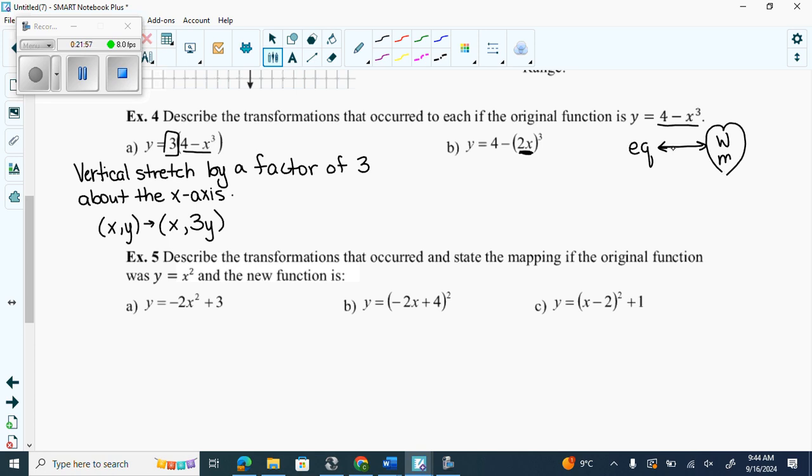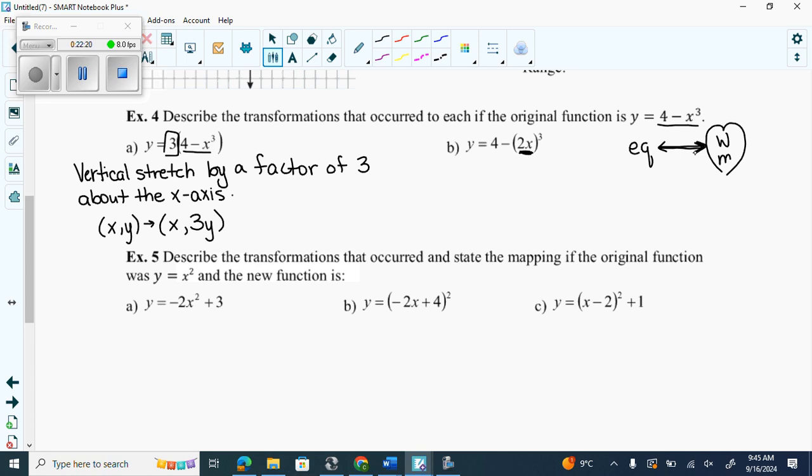If I cross the arrow, the number flips. So going from equation to words and mapping, what number am I going to use in words and mapping? Not 2, I'm going to use a half. So whenever I go from equation to words and mapping, or words and mapping to equation, that bad boy flips.